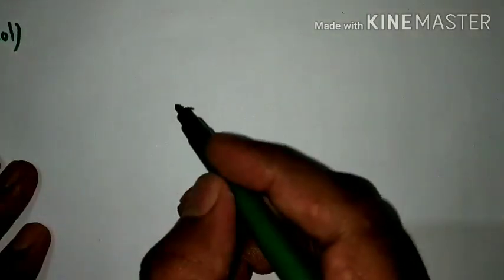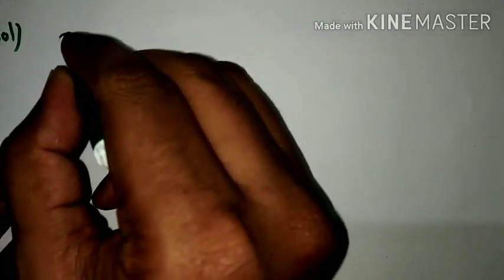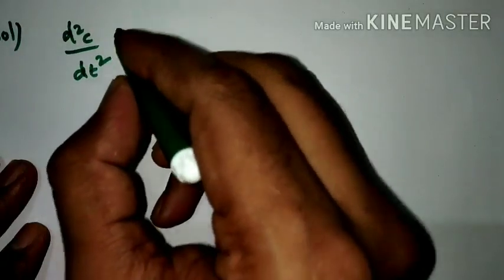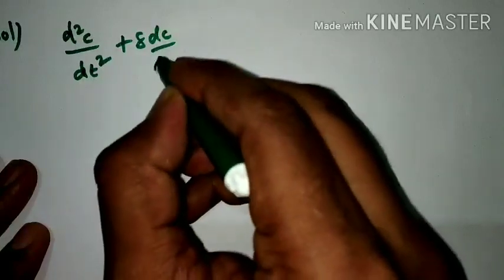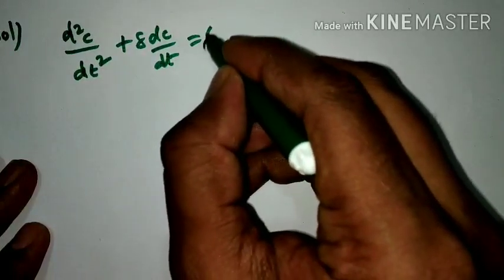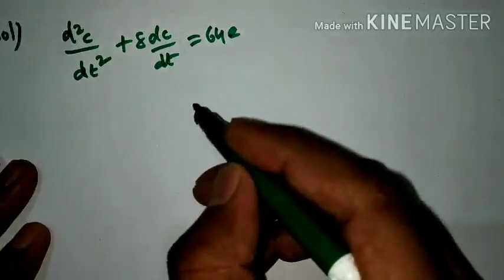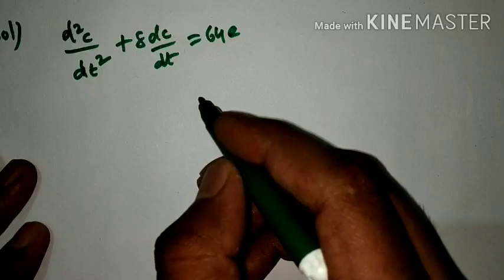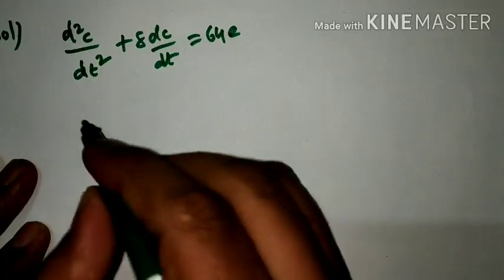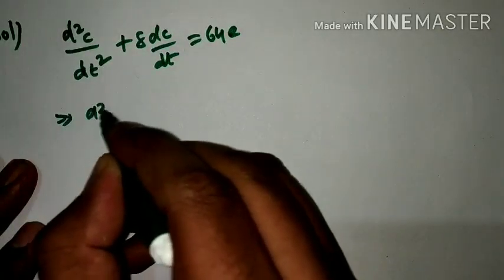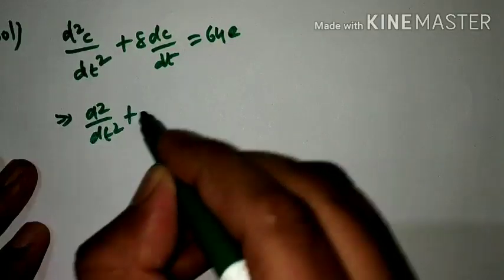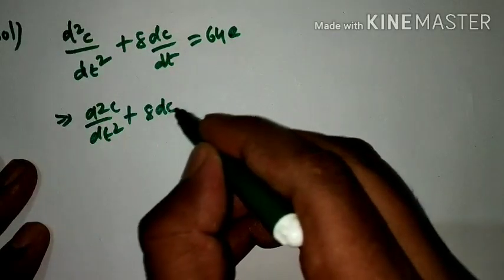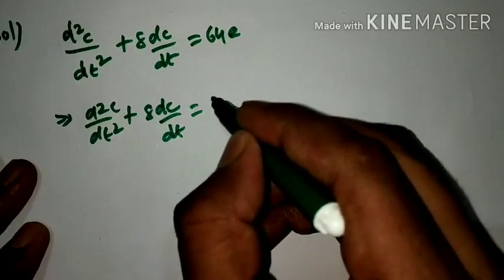So what is the differential equation? The given differential equation is d square c by dt square plus 8 dc by dt is equal to 64 e.